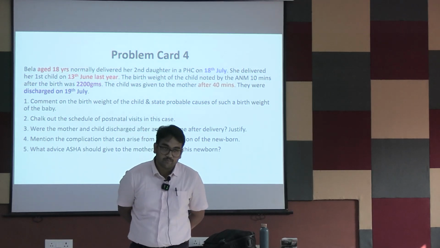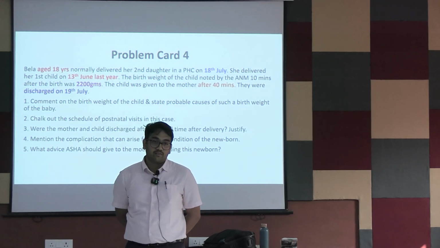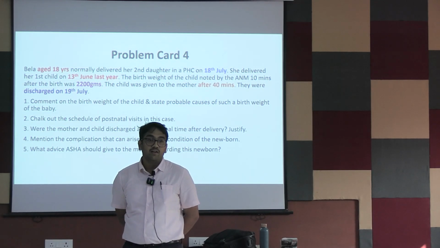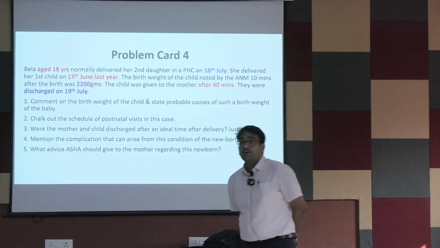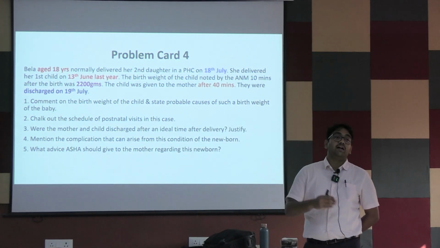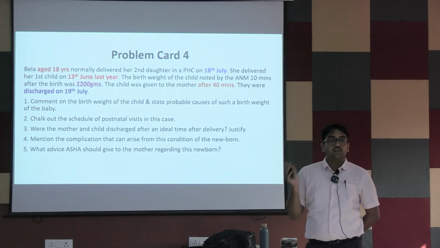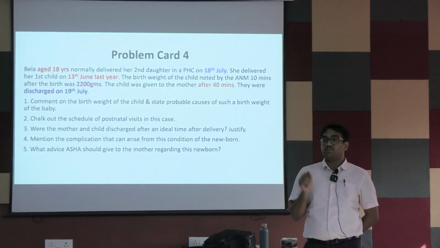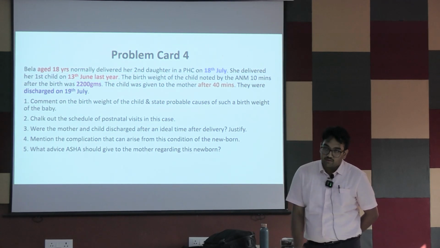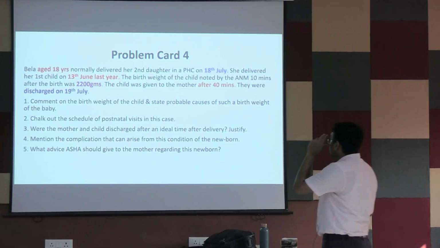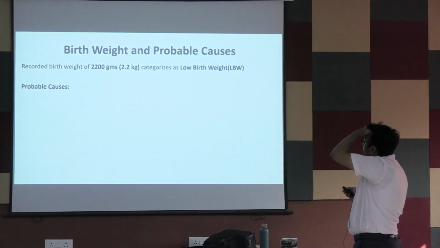Within 30 minutes. Here the exclusive breastfeeding is also beginning later. Though early initiation is within 1 hour, it is advised that for normal deliveries it should begin within 30 minutes. So let us go ahead and discuss.